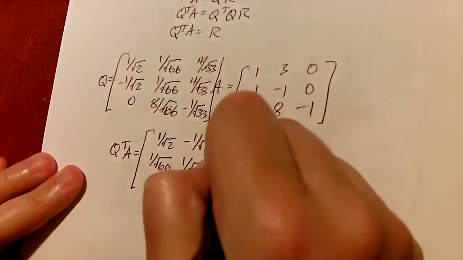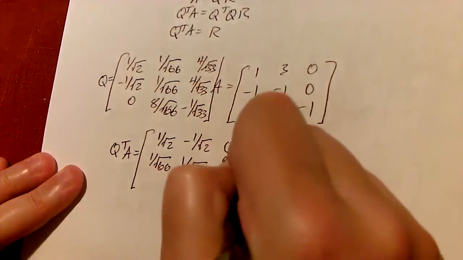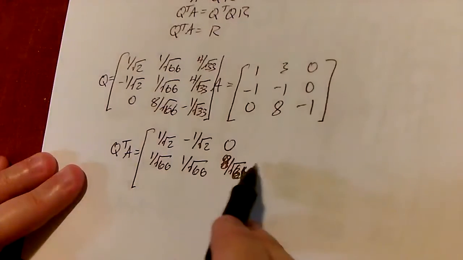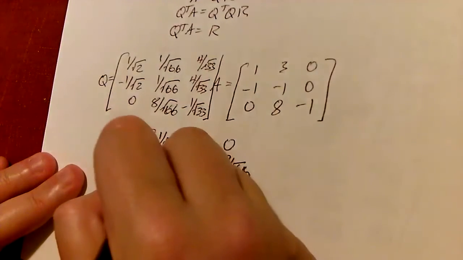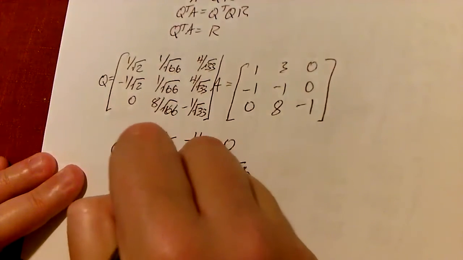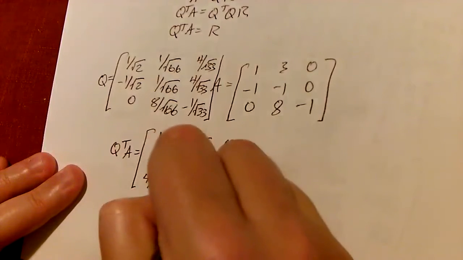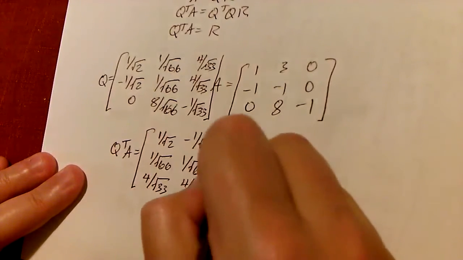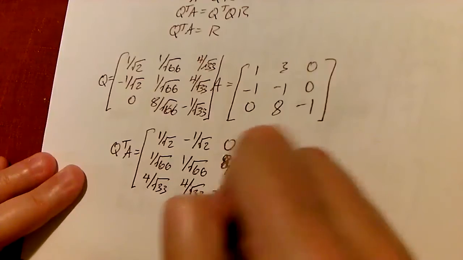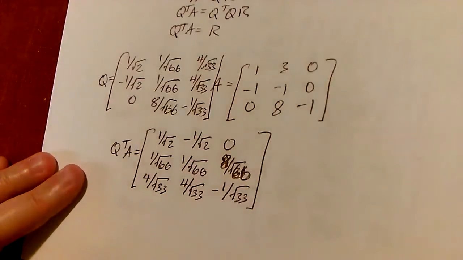Oh, I did that wrong. We're turning the column into the row. Sorry about that. And then the third column becomes the third row. There's my 4 over the square root of 33, 4 over the square root of 33, and negative 1 over the square root of 33.